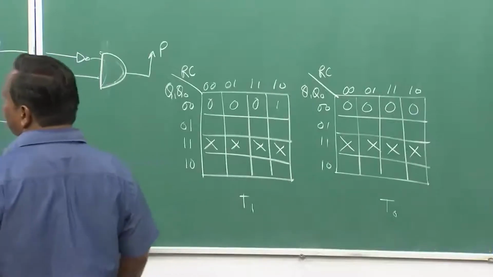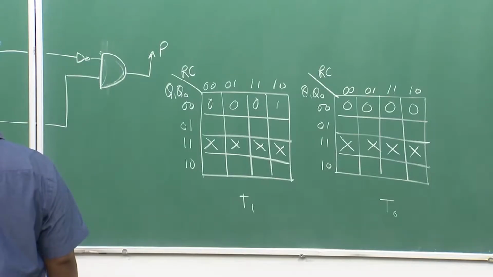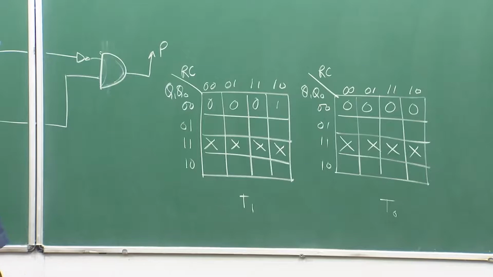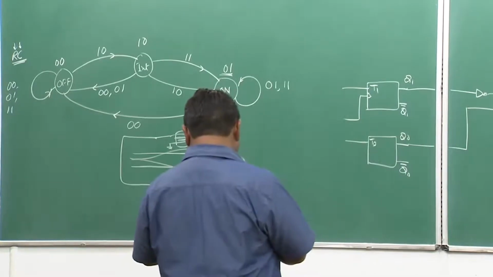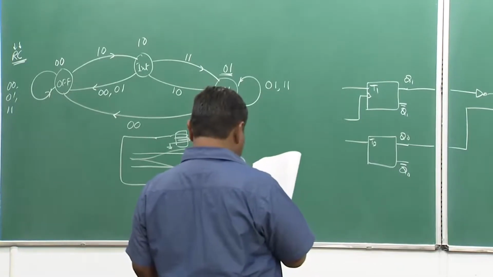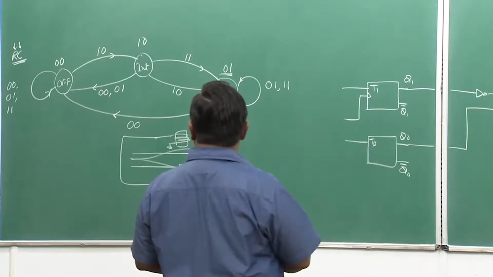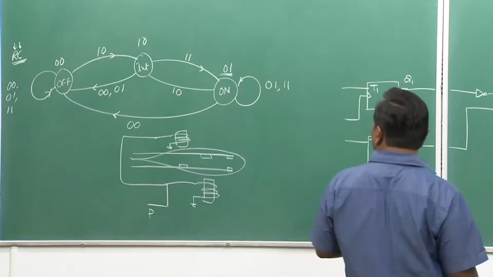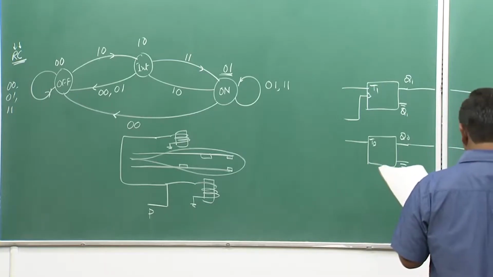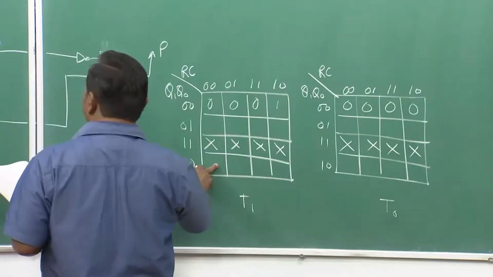So, if you are in 0 1 state, in that case, sorry, you are in 1 0 state, which is the intermediate one. So, if you are in 1 0 state, you get a 0 0, then what is going to happen? So, I am talking about this particular row.